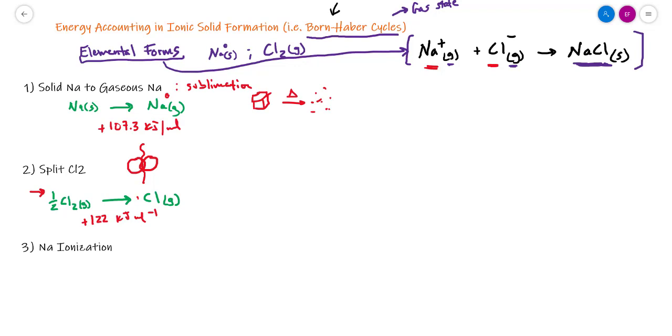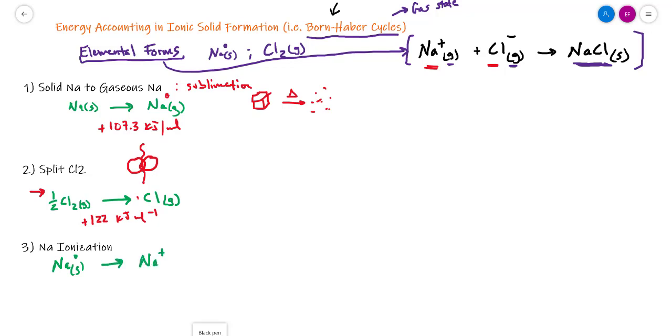So as I mentioned, we have sodium in the oxidation state of 0. We need it to get to +1, so we've got to put some energy into the system to ionize the sodium. That's our next step here. So the ionization of sodium is going to look like this. So sodium gas 0. We're going to add some energy.